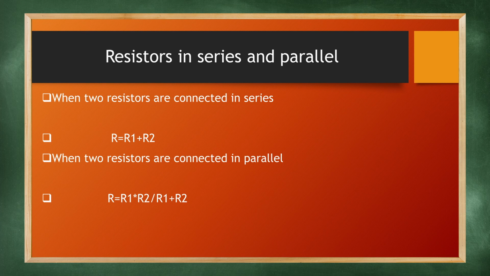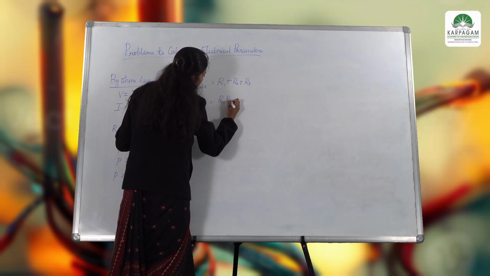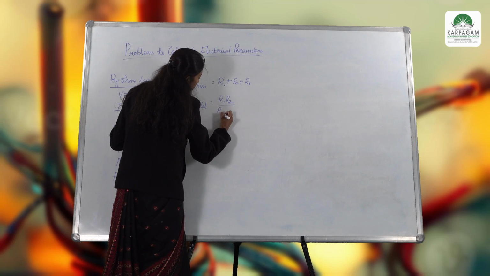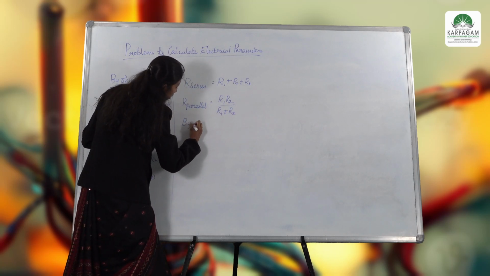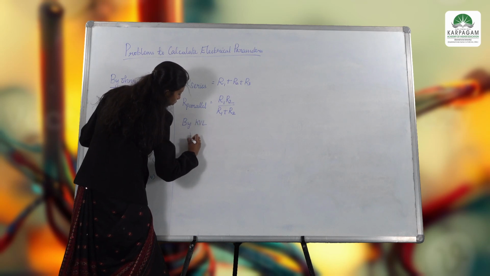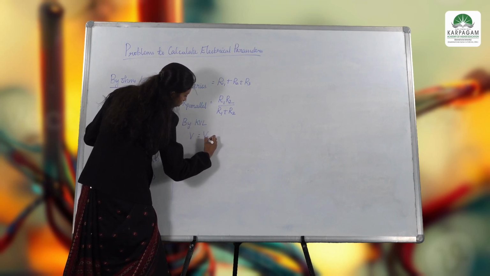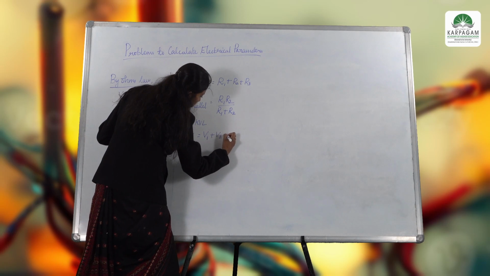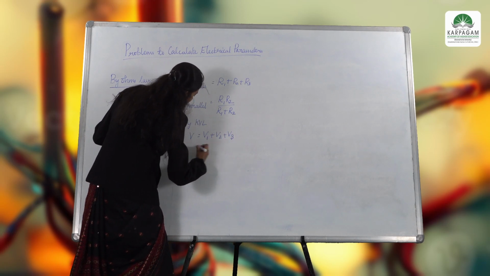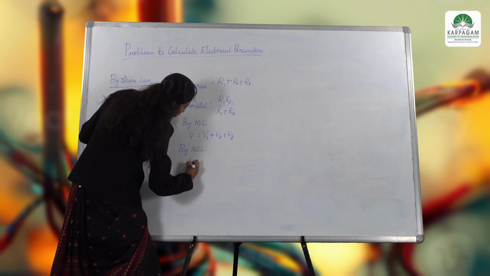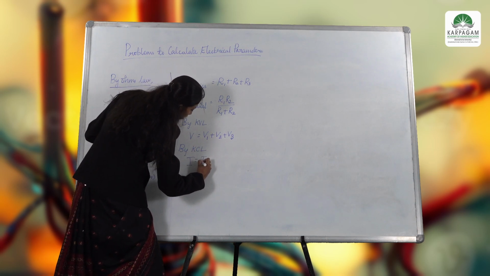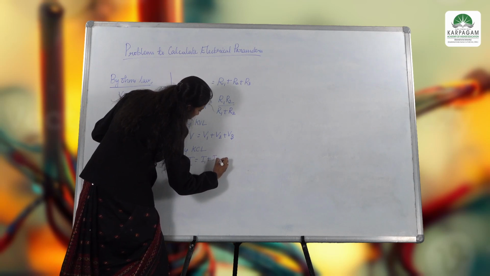Whereas in a parallel circuit, if two resistors are connected in parallel, the equivalent resistance can be given by R1 into R2 divided by R1 plus R2. And by Kirchhoff's voltage law, we know that the total voltage rise will be equal to the voltage drops, V1 plus V2 plus V3. And by Kirchhoff's current law, the total current I will be equal to I1 plus I2 plus I3.